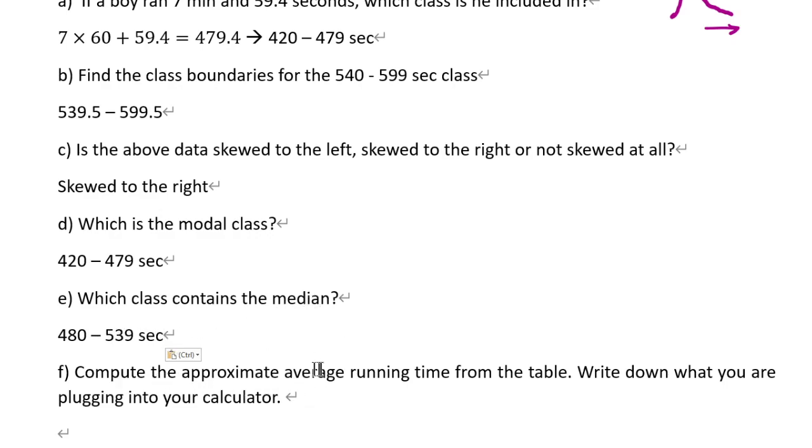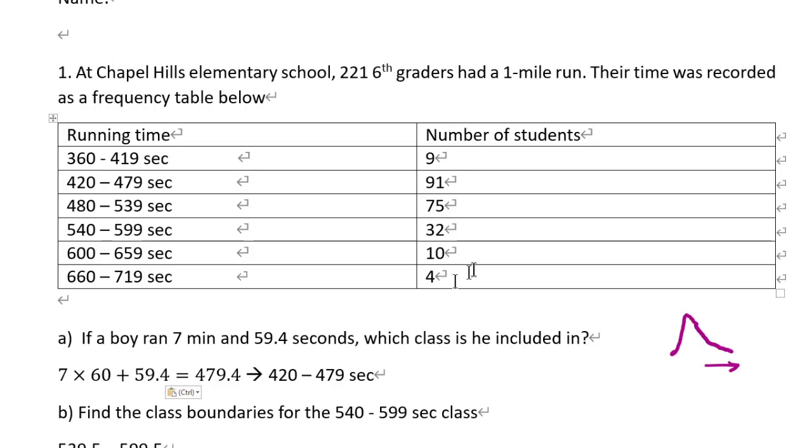Compute the approximate average running time from the table. Write down what you're plugging into your calculator. Okay, the problem here is that we don't have access to the actual raw data, so we need to somehow make an estimation of values in each of these classes. And the best way to approximate would be to take the midpoint of the class limits.